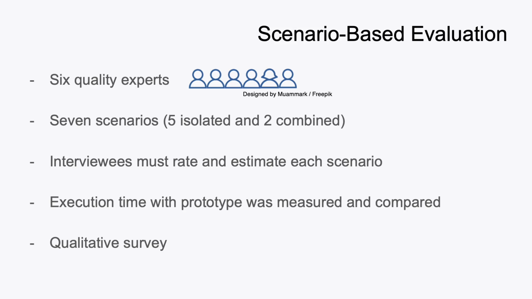And then, during their task execution, we recorded the time they needed and compared it with their estimates. We furthermore did qualitative interviews with the experts and asked them about their impressions during the test and concluded the survey with an additional multiple choice questionnaire.